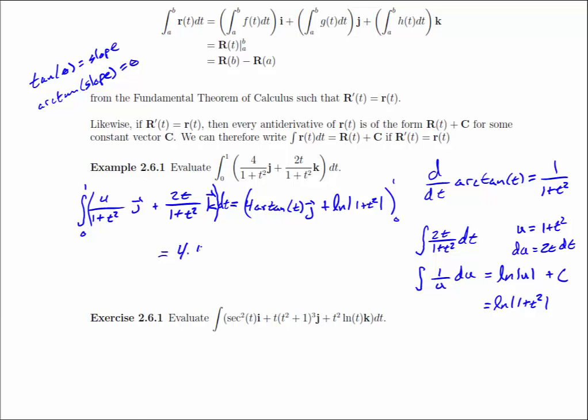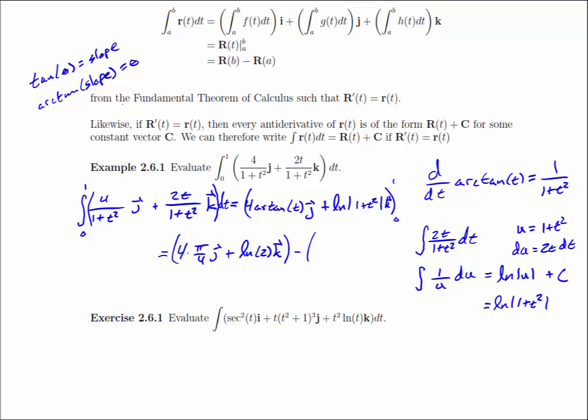So this is 4 times pi over 4 in the j direction, plus, if I plug in 1 here, I get the natural log of 2 in the k direction. Oh, I need my k here. And then we're going to take this and we're going to subtract.